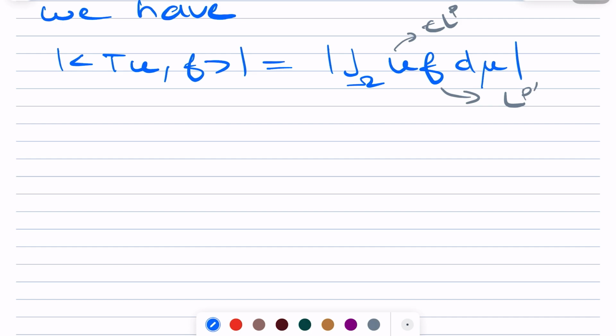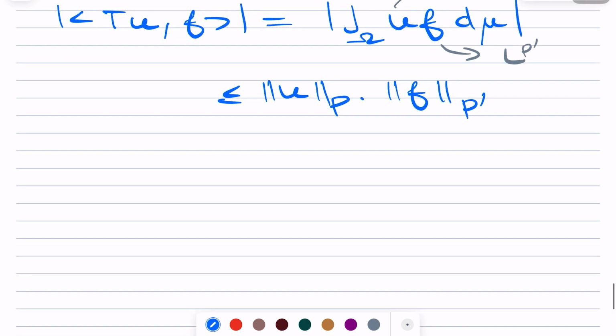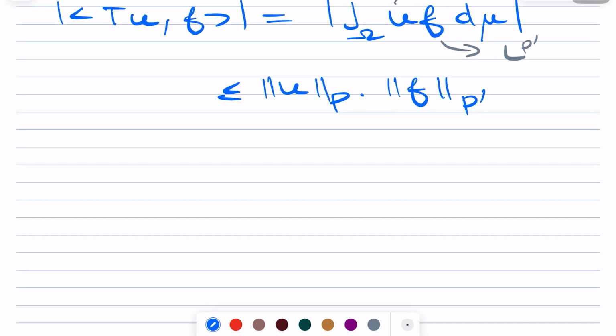So this is less or equal than the LP norm of u times the LP prime norm of f. This holds for every f in LP prime.